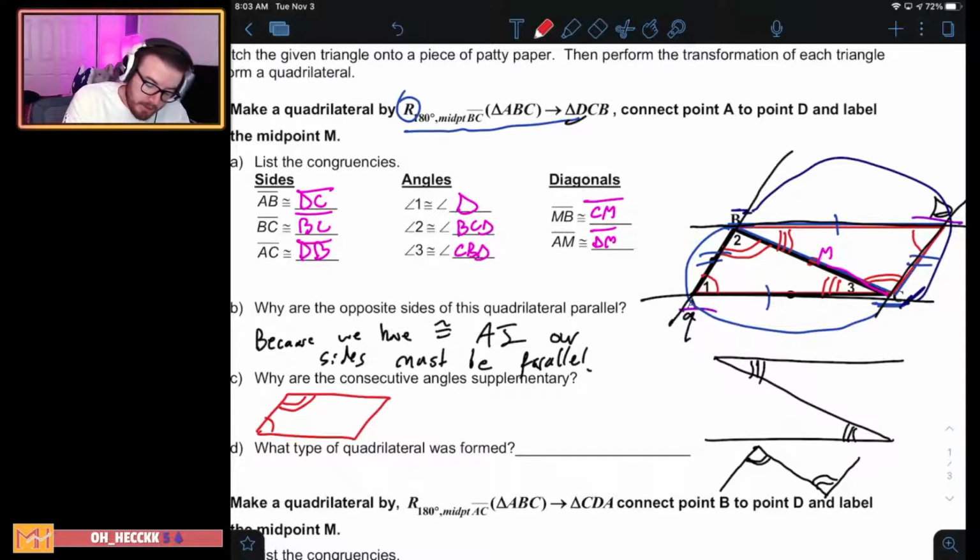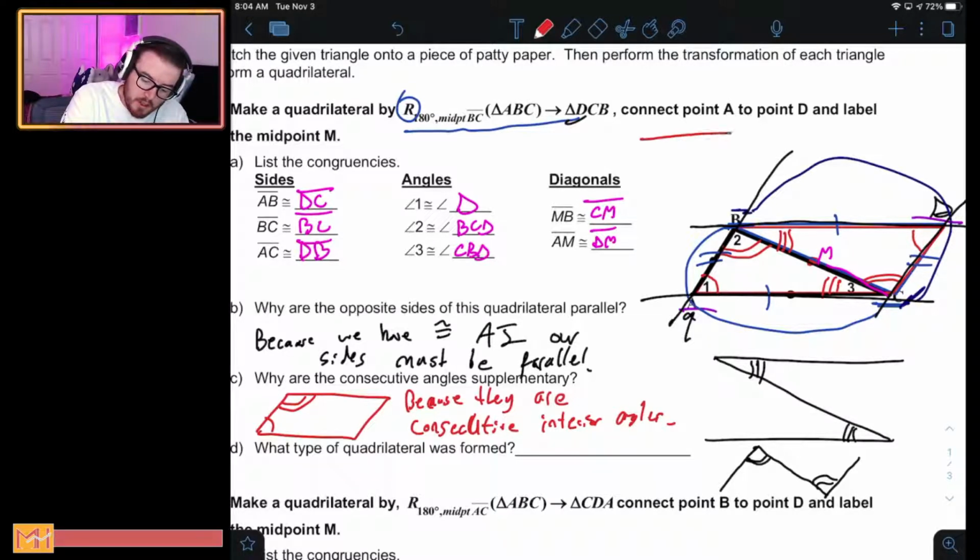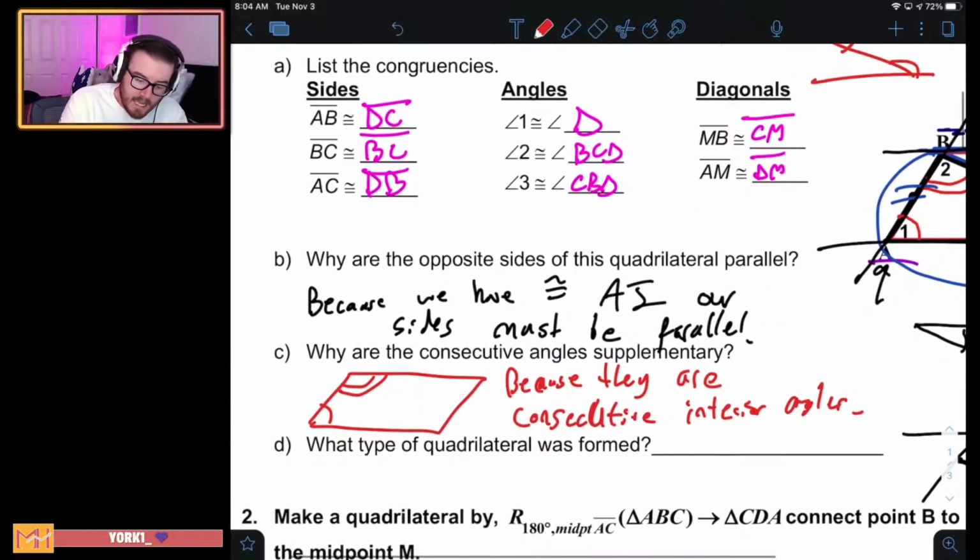Well, I'd argue because they are consecutive interior angles. Do you remember that one from parallel lines, right? If you have two parallel lines and a transversal, the angles on the same side of the line are going to be supplementary. Well, that's exactly what we have here.